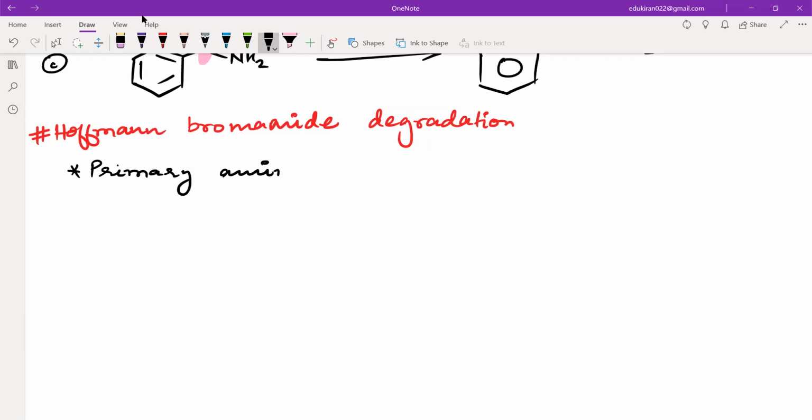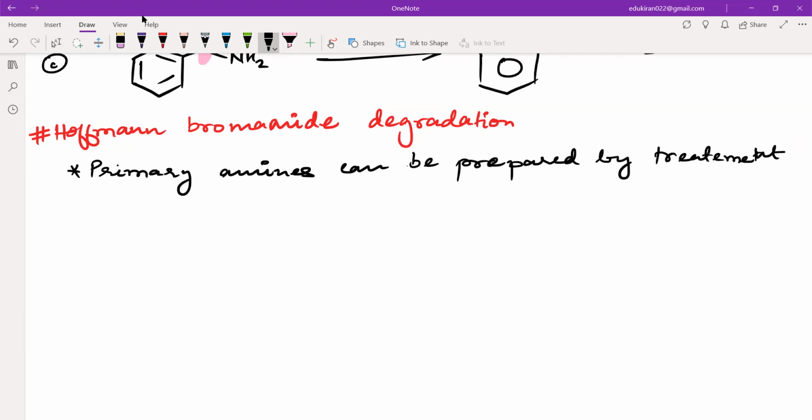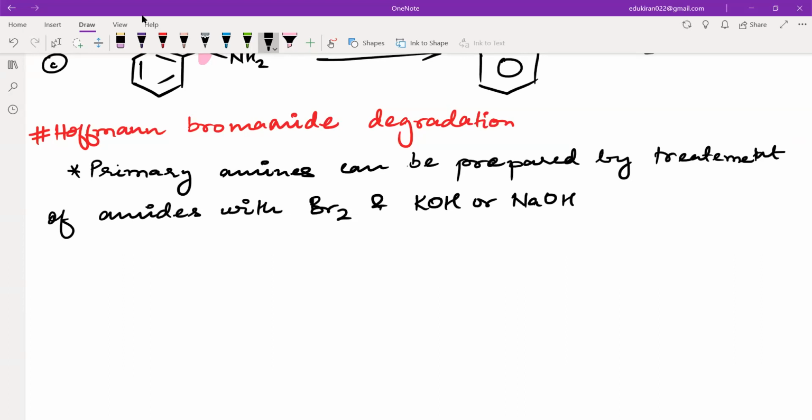Primary amines can be prepared by treatment of amides with Br2 and KOH or NaOH.